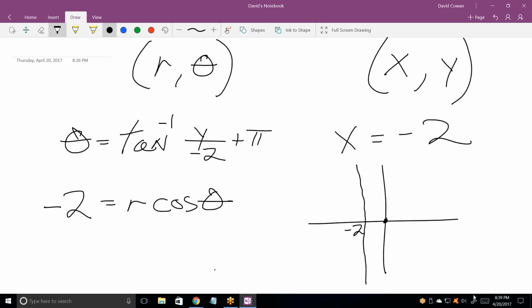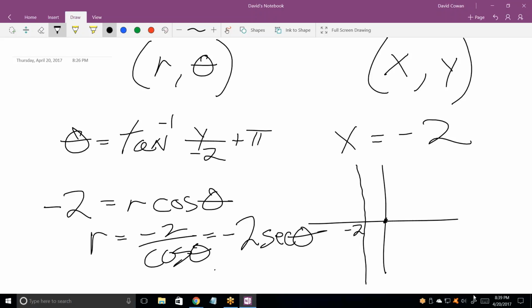Okay, that's all we need. You don't want to leave a trig function in a denominator, so that's minus 2 secant theta. So that's the answer. R equals minus 2 secant theta.